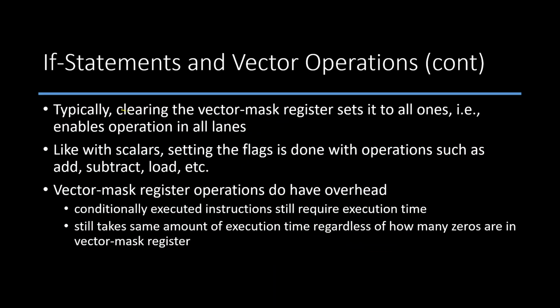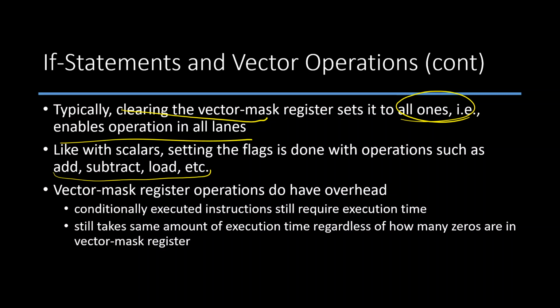So once again, clearing the vector mask typically sets it all to 1s, meaning that all lanes are being enabled. Just like with scalars, we can set these flags just using basic operations. It allows us to use any sort of operation in order to set conditional execution later on.